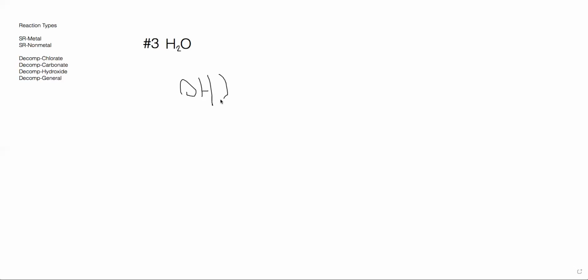So we would have to have something like this, and then some kind of a subscript to tell us the quantity of the ion, but we don't have that. We don't have a chlorate, a carbonate, or a hydroxide. So this is actually just going to be a general decomp for number 3. Let me know when you're ready to go on. I am.